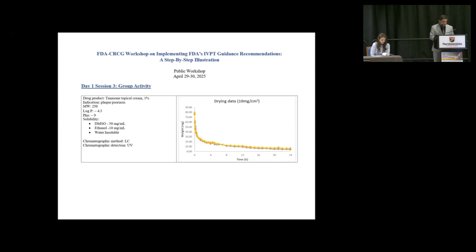Equipment, choice of equipment: we propose the flow-through diffusion apparatus, which involves complete media replacement. And since it's a very low permeating drug, for the source of the skin, any dermatomed skin from any anatomical region should be evaluated for screening. Barrier integrity assessment, and dose amount selection anywhere between 10 to 13 milligram per centimeter square.